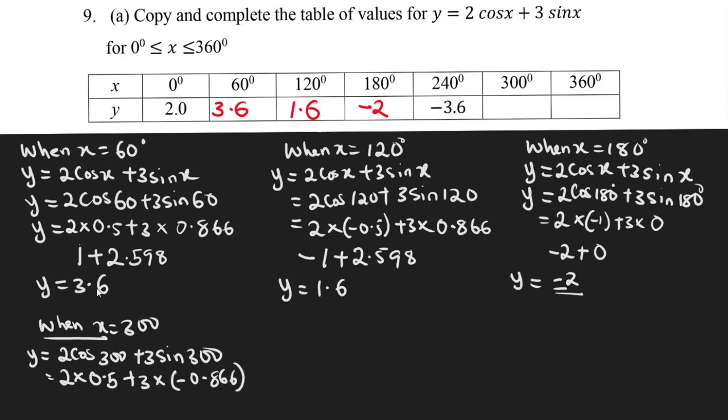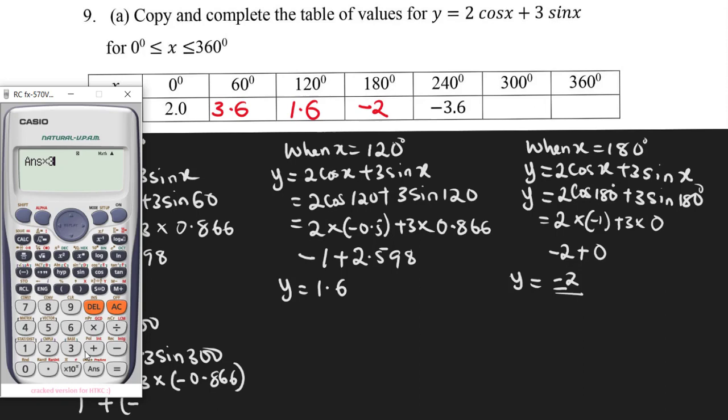So now multiply: 2 times 0.5 is going to be 1, plus 3 times minus 0.866. This one is going to be minus 2.6.